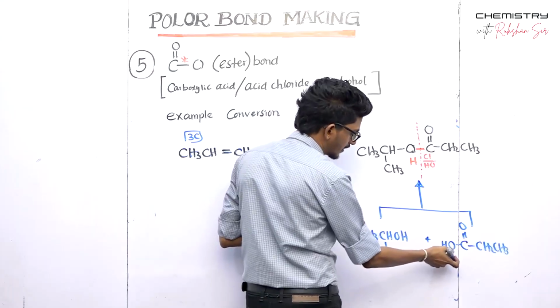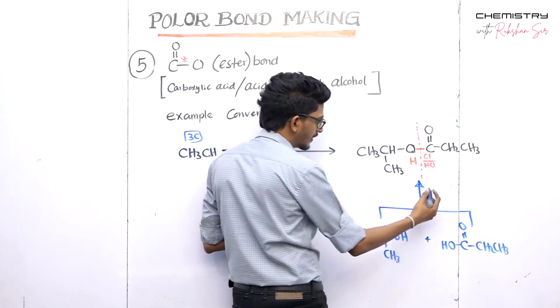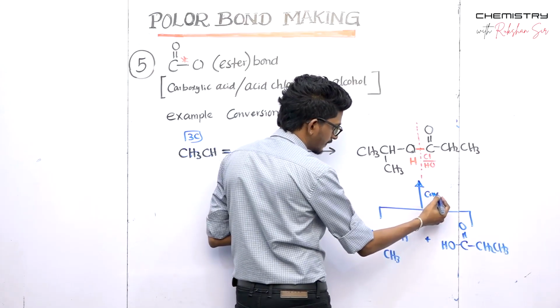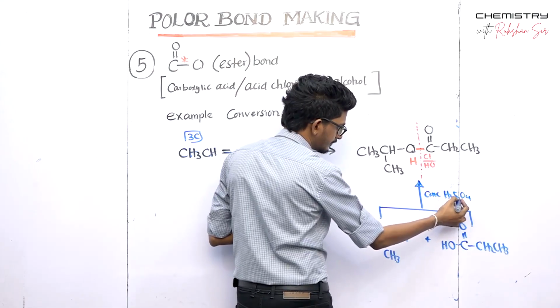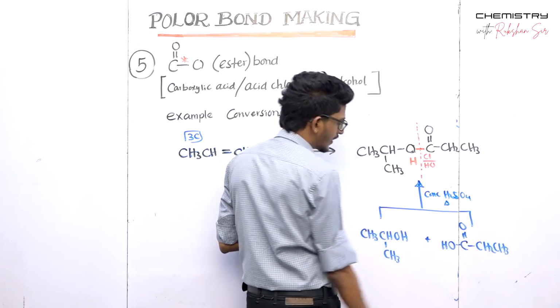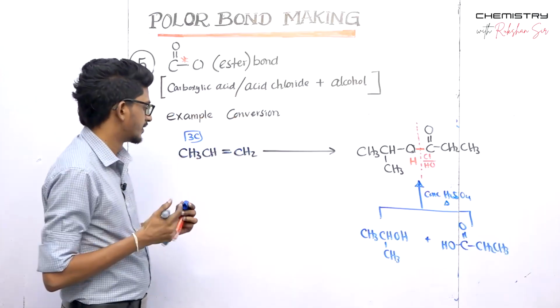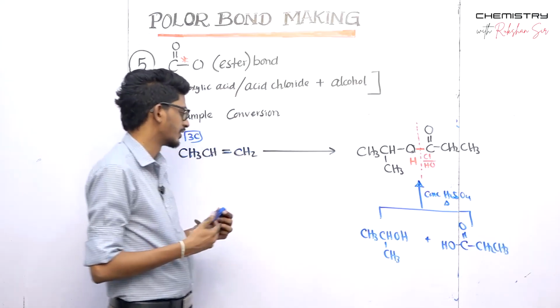As I am going with the carboxylic acid, I need to add the catalyst, right? Concentrated sulfuric acid catalyst is needed as I am going through the carboxylic acid. Now let's complete the rest, right?